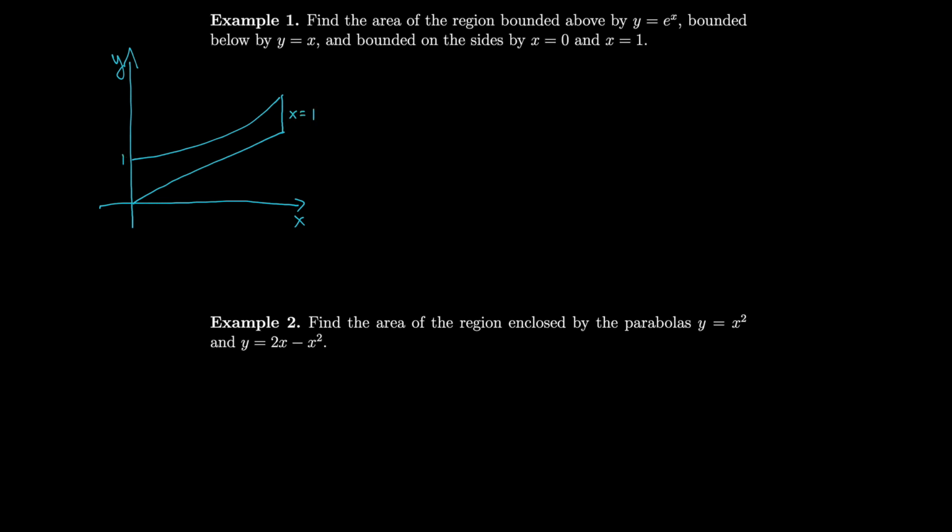And here's 1, 0. Our top equation is y equals e to the x, and our bottom one is y equals x. So it looks like a rectangle if we draw it.